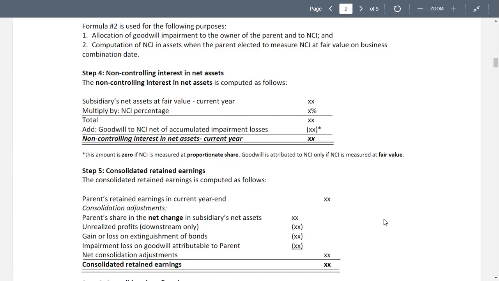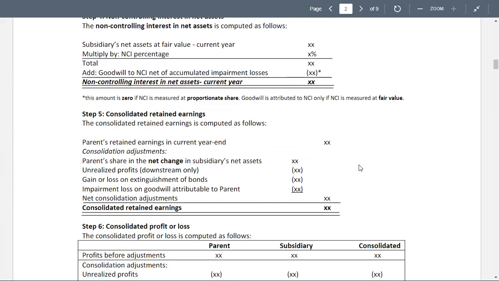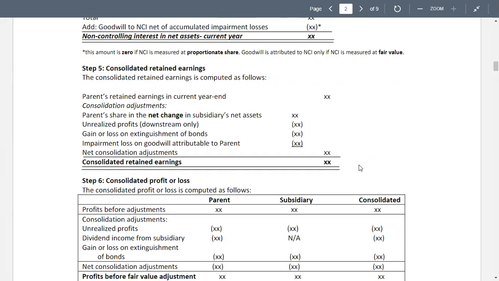Okay, now we go to step number 6. In step number 6, consolidated profit or loss. In consolidated profit or loss, again, we have the parent, the subsidiary, and the consolidated balances. So profits before adjustments of both parties.